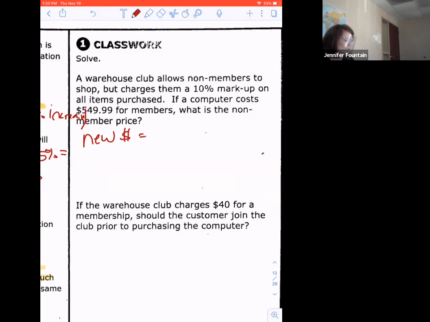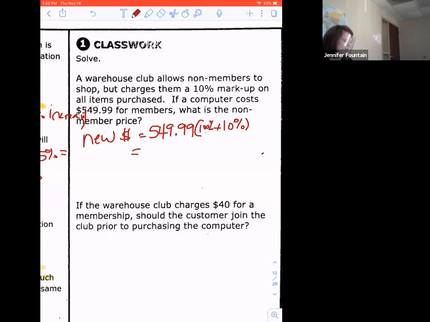So I'm going to take my original of $549.99 times 1 minus 10%. I'm sorry, 1 plus, because I'm doing the markup now. Now, if I've got 100%, actually I'm going to go ahead and just write it as 100% plus 10%.